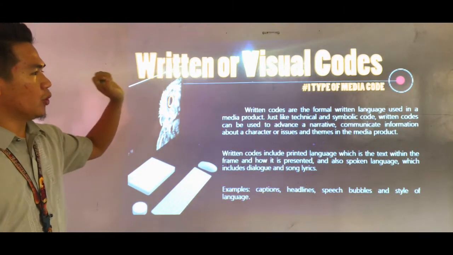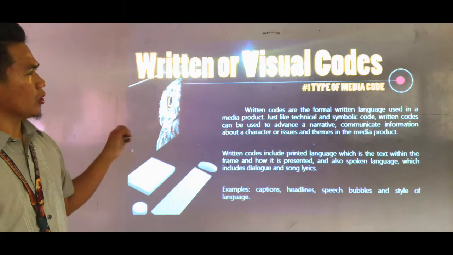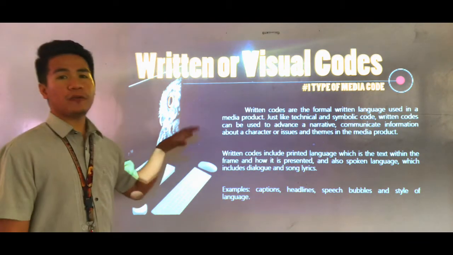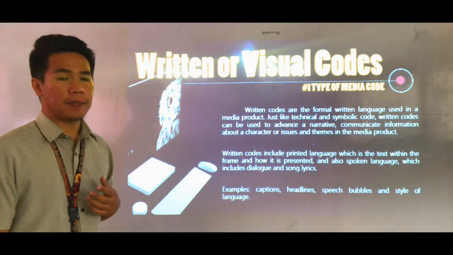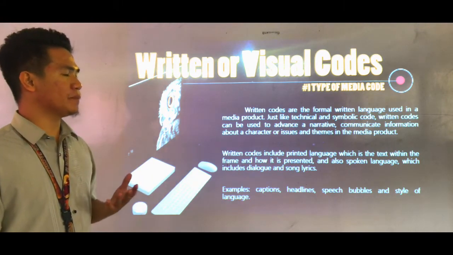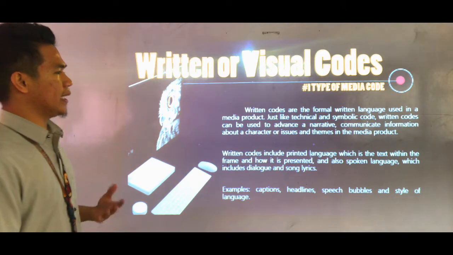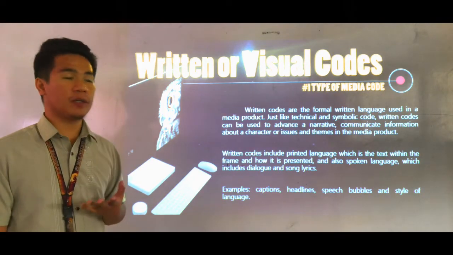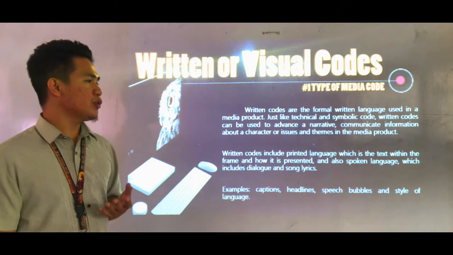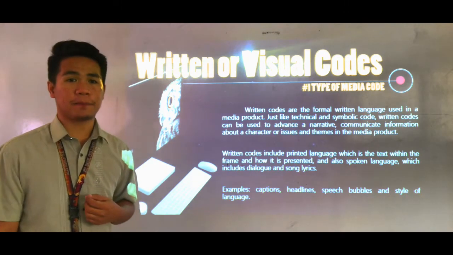Written codes or the visual codes are the formal written language used in media product. Just like technical and symbolic code, written codes can be used to advance a narrative, communicate information about a character, or issues and themes in the media product.